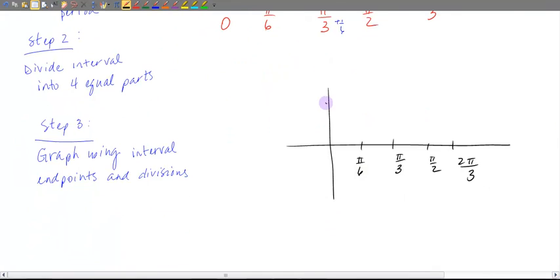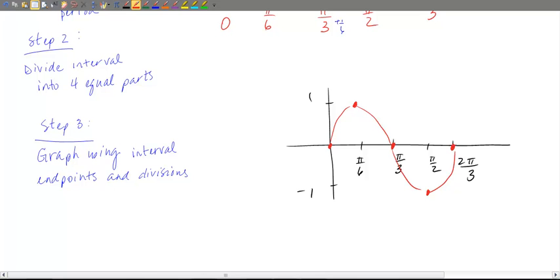So I need a 1 up here, a -1 down here, and because this is sine, I know I always start on the x-axis, go high, come back to the x-axis, go low, come back to the x-axis. That is the shape for my sine function. Now I'm going to connect the dots, and you can see that that's what it looks like.